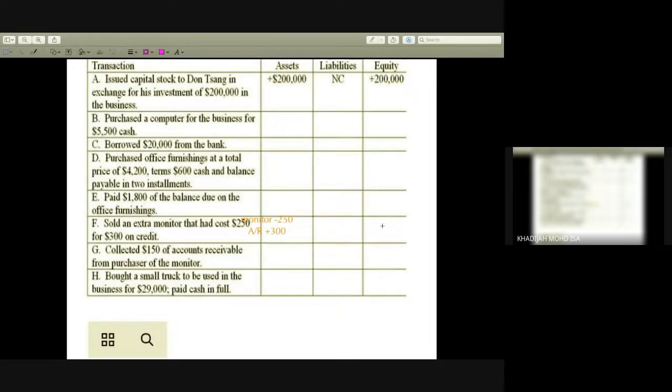Owner's equity. Owner's equity plus of 50. Right, so from here you see that on the debit side you have net of 50, on the equity side you also have net of 50 increase.